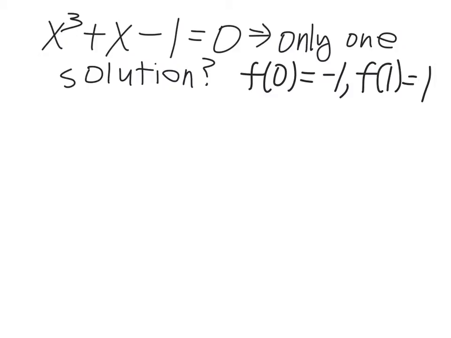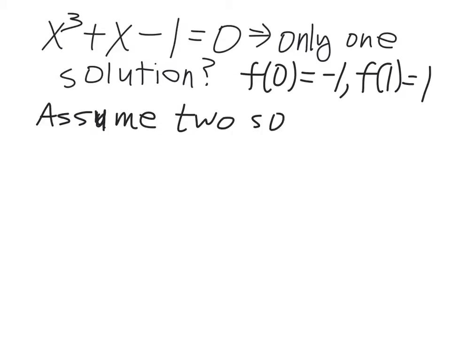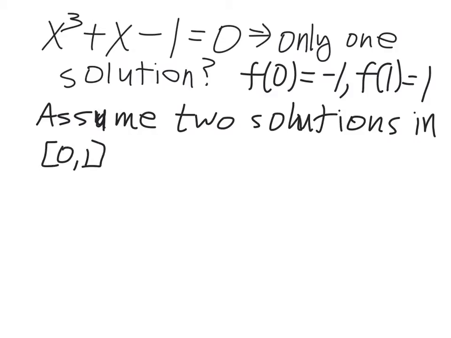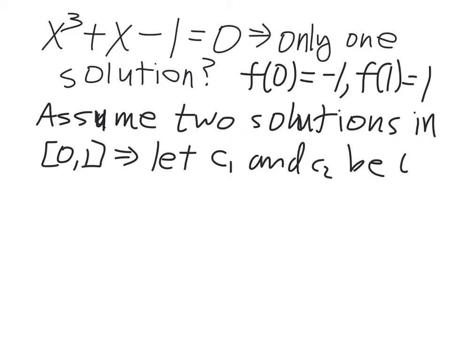So there is at least one solution between these two values. Let's assume, here's our assumption, let's assume there's 2 solutions in the interval from 0 to 1. And let's just go ahead and say c sub 1 and c sub 2 will be those solutions.